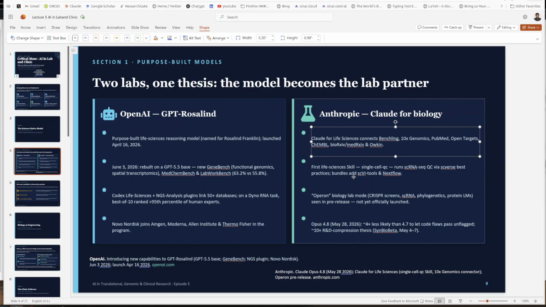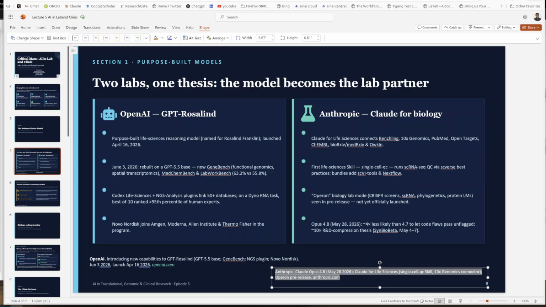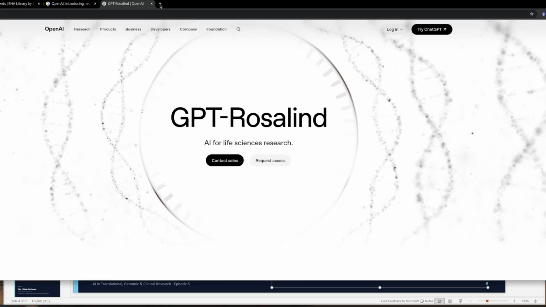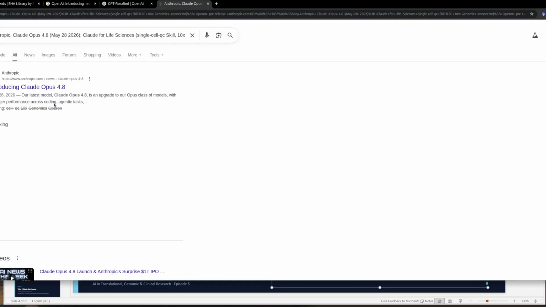I think Hawkins had a very recent agreement also with a couple of other companies, and they're doing great. But the first life sciences skills: single cell QC, single cell RNA-seq, scVI, the entire scverse. The scVI tools are part of scverse. Nextflow is for a lot of things. Open biology lab mode. I think this will be something that will probably change a lot. Let me just go through this. I think the open one will be something game changing for themselves.